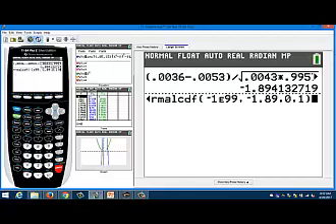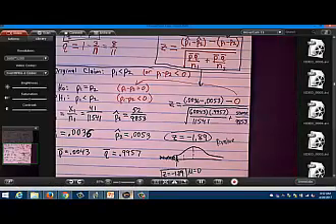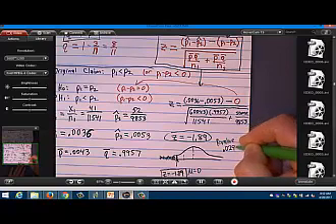I'll paste that in. And I got a p-value of 0.0294. Did anyone else get that p-value? Good. Then you guys are doing this. I mean, this is on the quiz tomorrow, right? Let's get the p-value. So the p-value here is 0.0294.